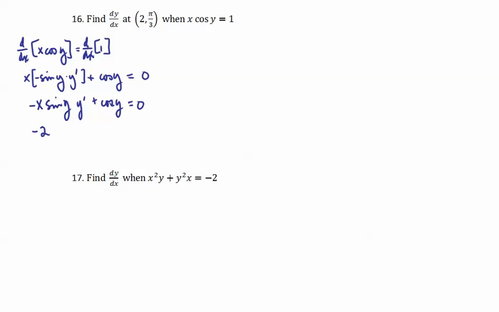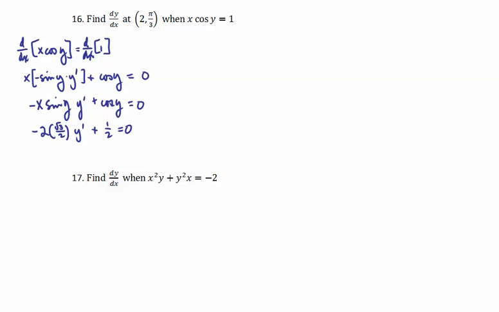Sine of pi over 3 is, no, sine of pi over 3 is not 1/2. Sine of pi over 3 is root 3 over 2. So I'll fix that. Root 3 over 2 times y prime, and then cosine of pi over 3 is 1/2, and that's equal to 0 then.